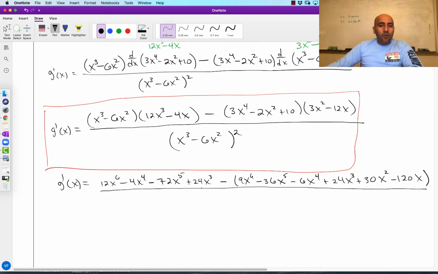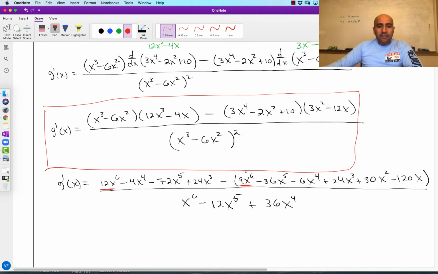So again, you could FOIL it all out, and we'd end up with x to the 6th power minus 12x to the 5th power plus 36x to the 4th power in the denominator. And then we can combine some like terms. Let's see. X to the 6th power, that would be this guy and this guy.